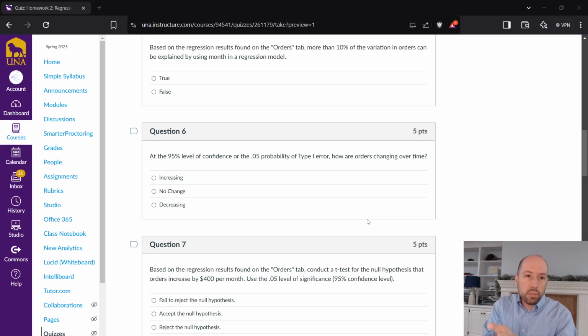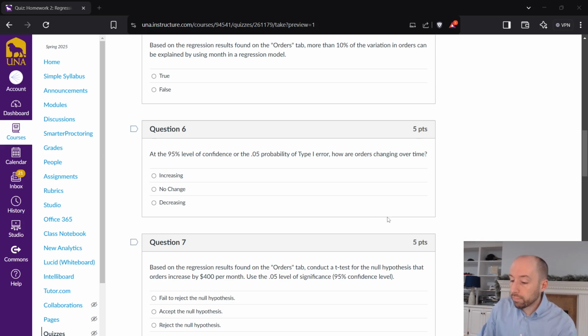Okay, well, a 95% level of confidence is a 0.05 level of significance, a 5% level of significance. So it's just telling you twice to do this with 95% confidence and test whether the slope is upward, downward, or perhaps no different from 0. Increasing, no change, or decreasing.